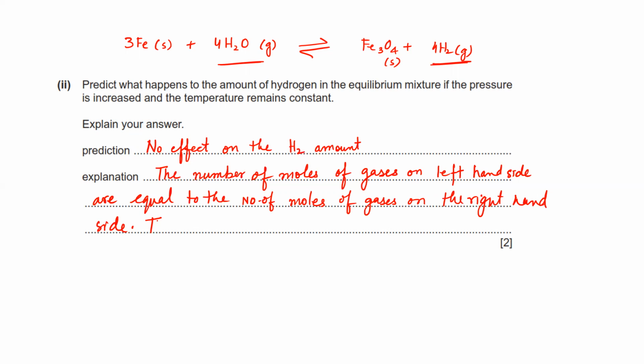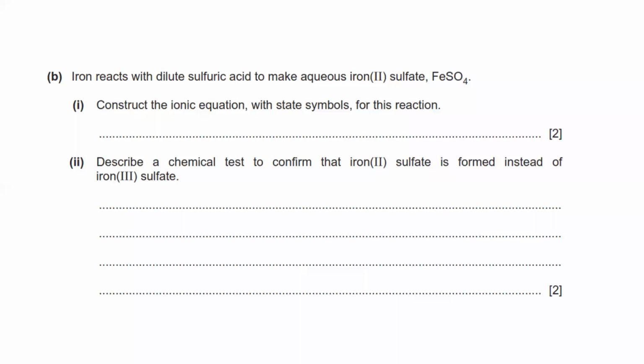So the equilibrium remains as it is. So this is how it is. If the number of moles are the same, it will be the same. If they are different, the reaction will follow the direction which compensates the increase in pressure. Okay. So moving ahead, it says part B, iron reacts with dilute sulfuric acid to make iron 2 sulfate.